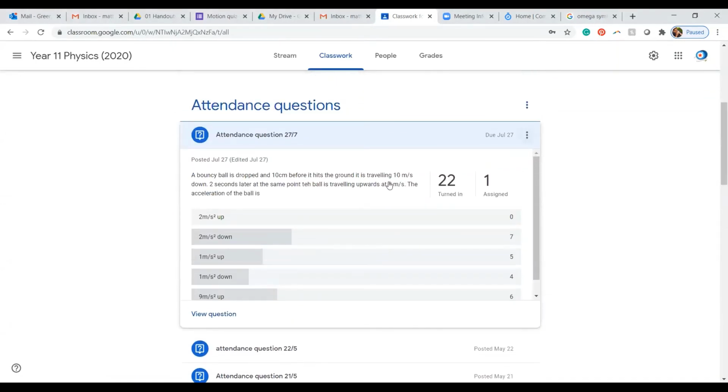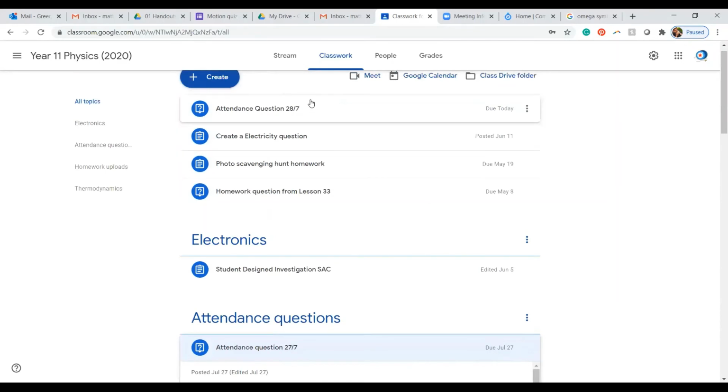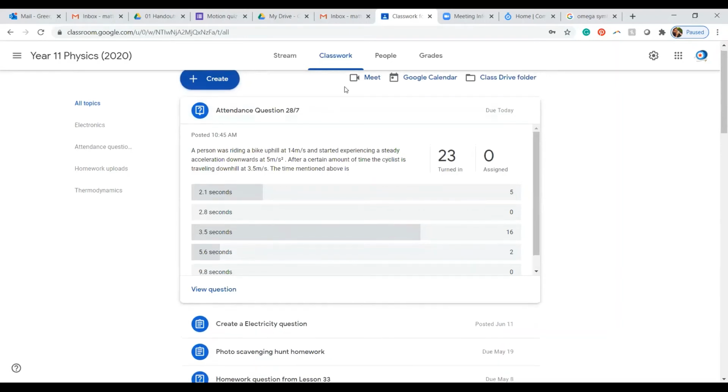So the attendance question today was, not the fancy ball question, where is it? Here. A person was riding their bike up. Can you guys see this? I'm not sure if you guys can see this. You should be able to see this screen.